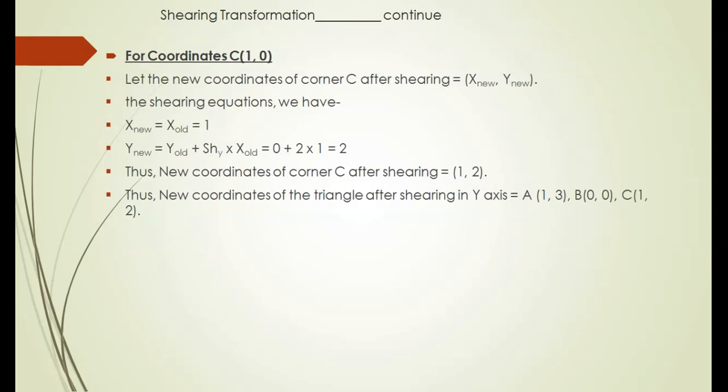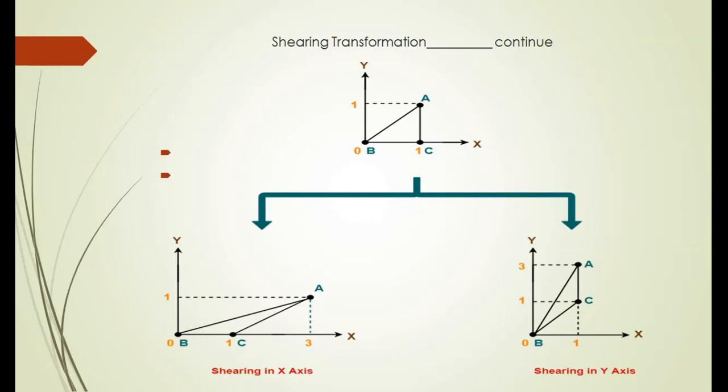X dash is equal to x old, which is 1, and y dash is equal to y old plus shy into x old, which is 0 plus 2 into 1, equal to 2. So our new coordinates of the triangle after shearing in the y-axis are A (1, 3), B (0, 0) and C (1, 2).